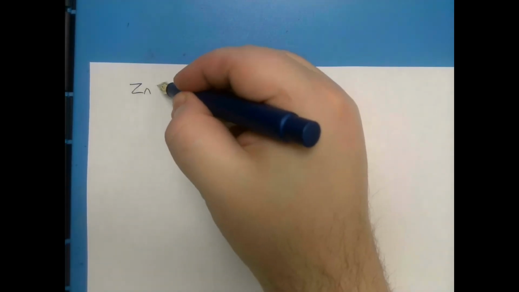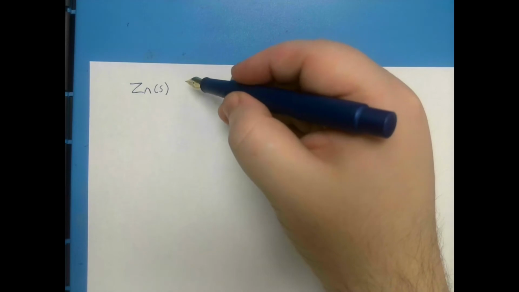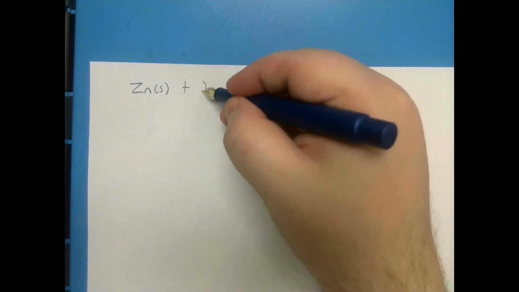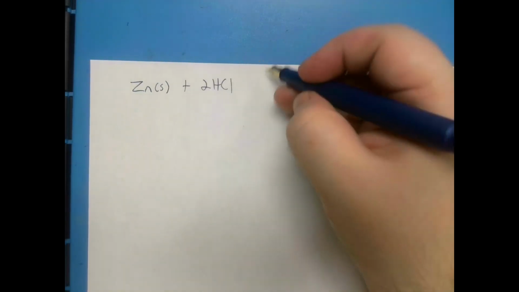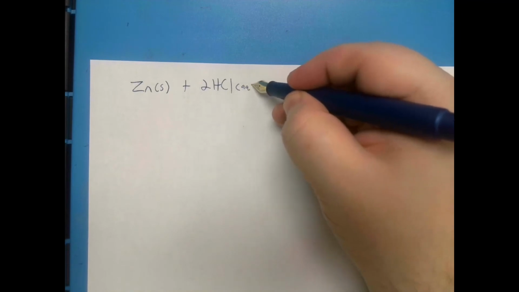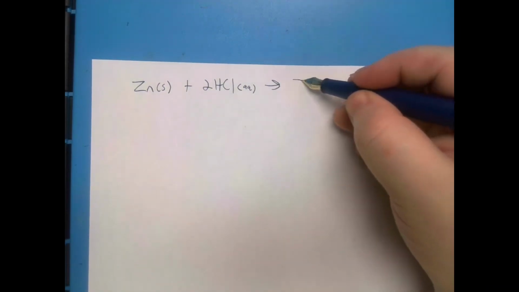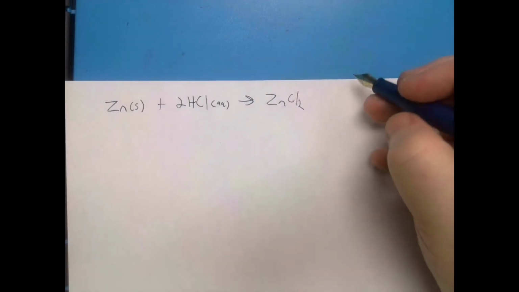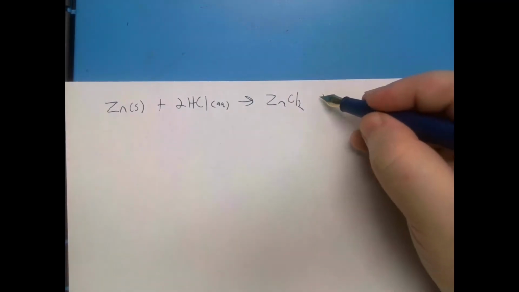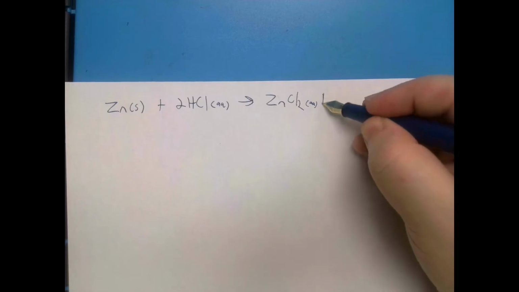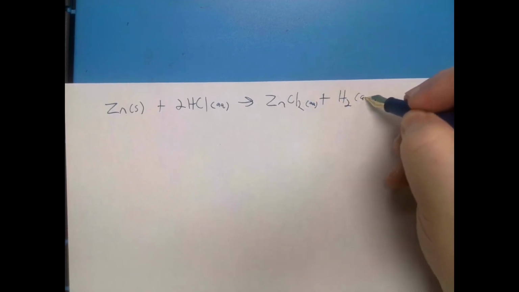So we had zinc, which is solid, mixed with hydrochloric acid. And that makes zinc chloride and hydrogen gas.